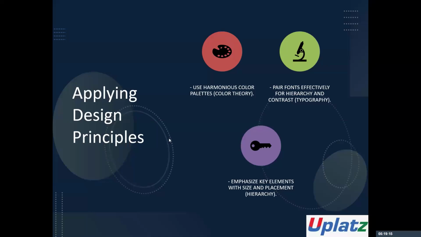And then we can emphasize the key elements with size and placement, which is again a part of hierarchy. That is what we can establish and explain in the best way possible, and that is how we can apply so many unique design principles into our post.